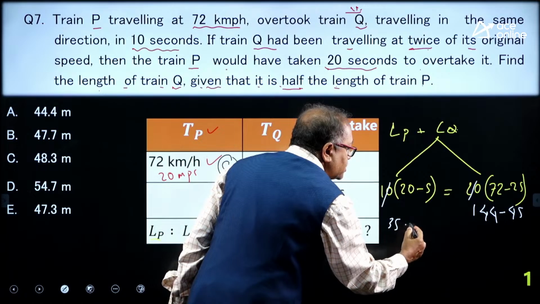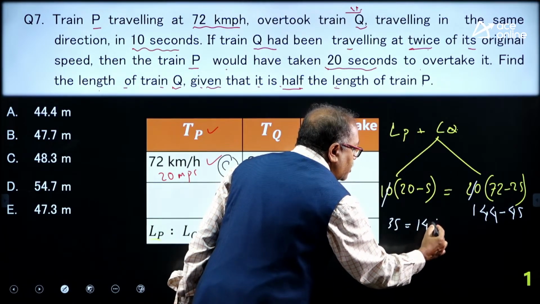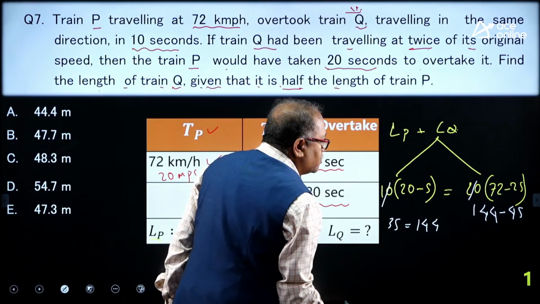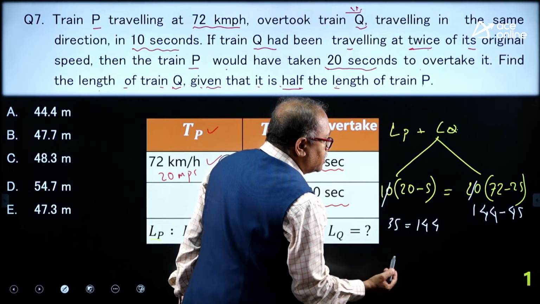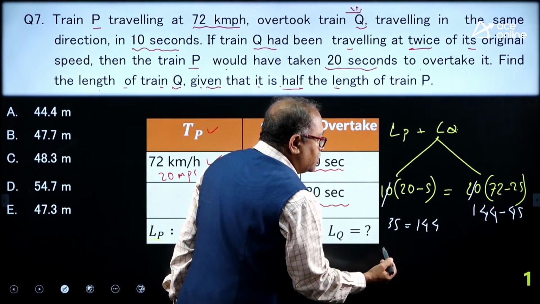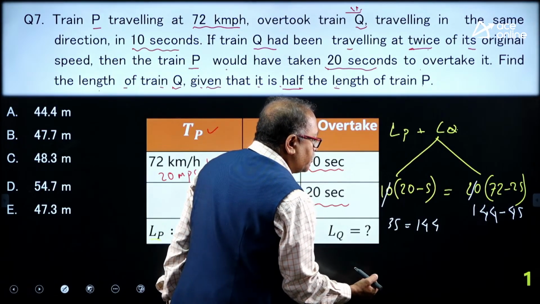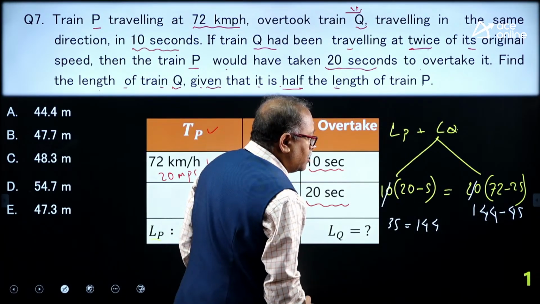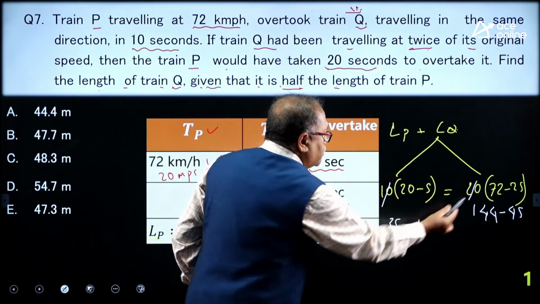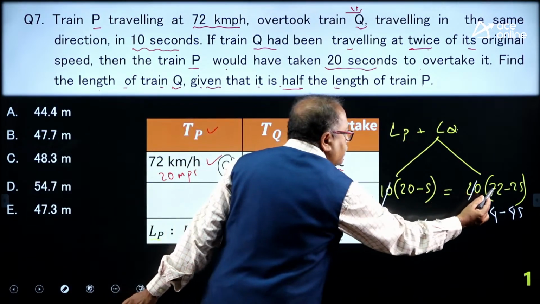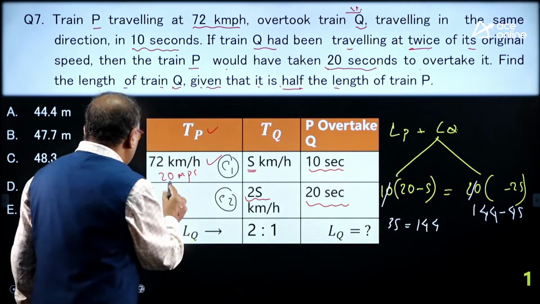So 3s is equal to 144, this is s, do not get confused. Therefore, what is s? How much? It is 20. The speed here is 20 meters per second.